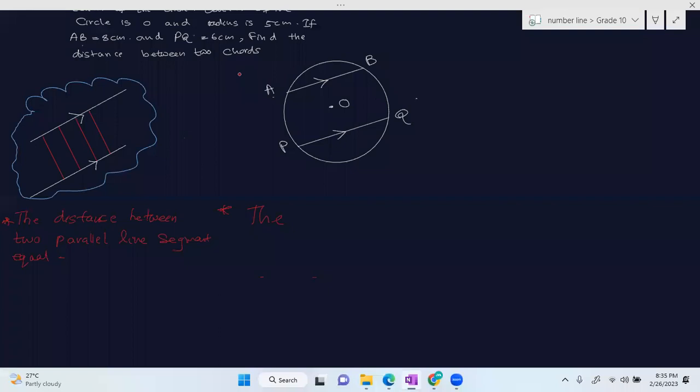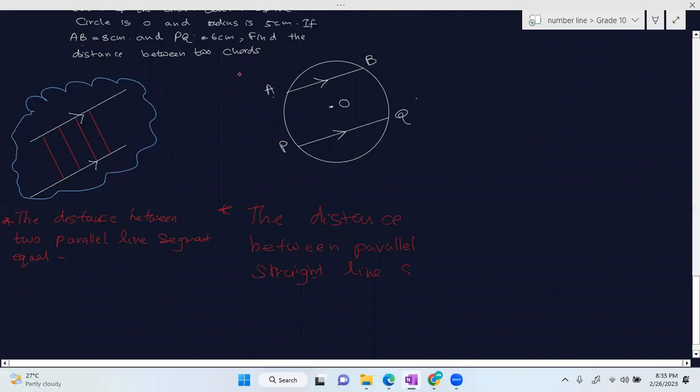The distance between parallel straight line segments is perpendicular.